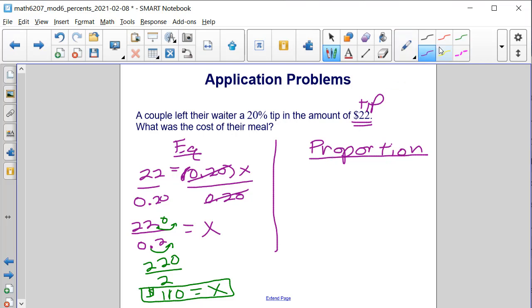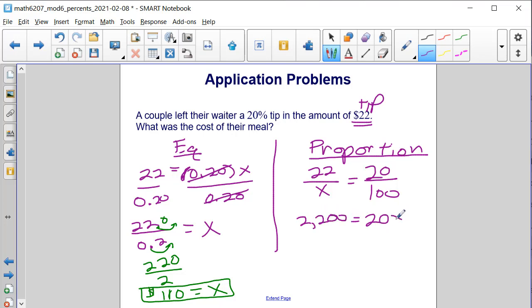You can also do this as a proportion. We know that the 20% goes over 100. So that's the part over whole in terms of percentage. And then the tip represents the part, so it goes on top, 22 over x. And then if we cross multiply, we would get 20x is equal to 2,200.